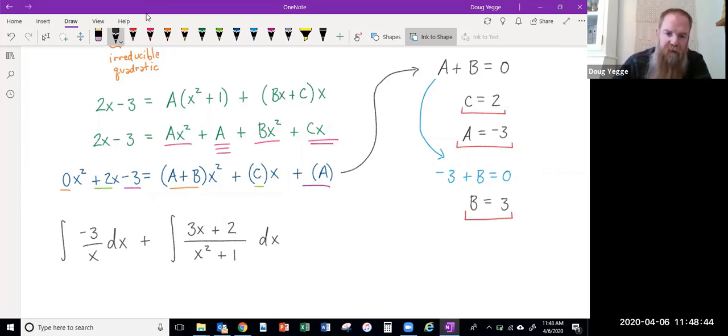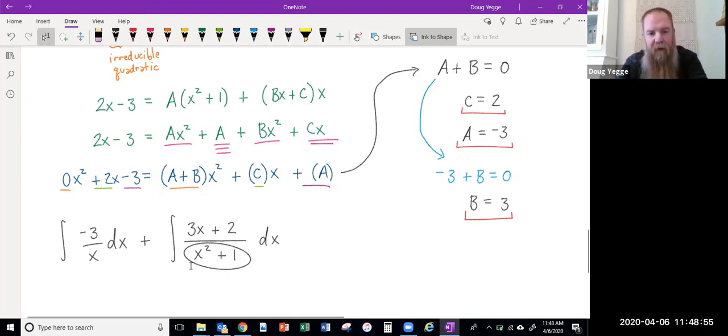So you might think, well, shouldn't I decompose this more? Well, you can't, because this is irreducible. I can't simplify this x squared plus 1 denominator any further.